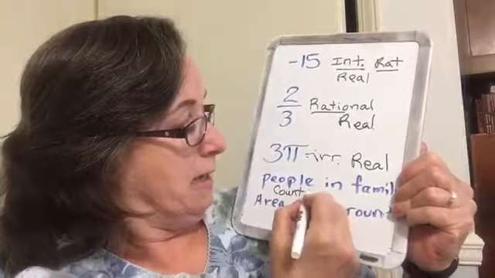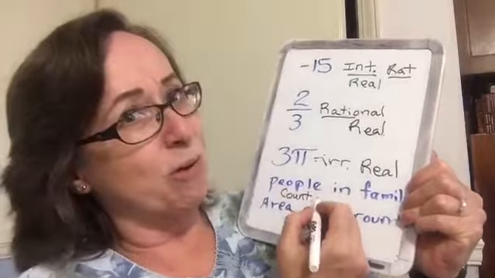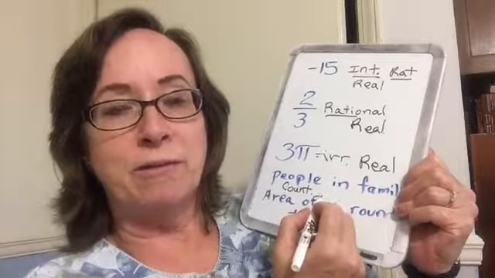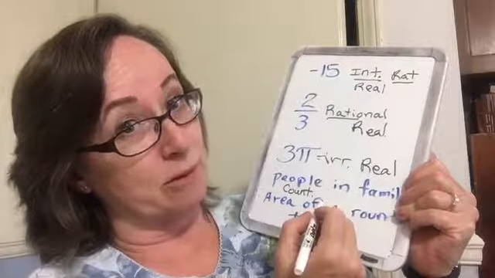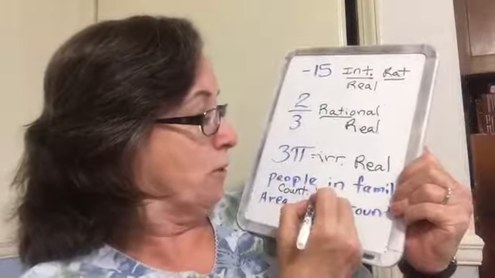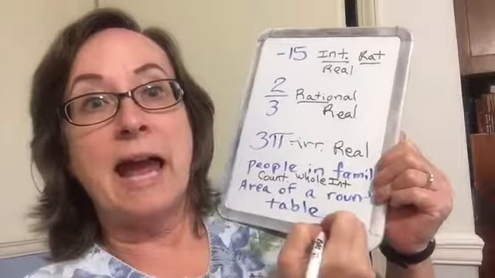It's also a whole number, even though the number of people in your family is not zero. Zero is a whole number, but so are all the counting numbers. So it is a whole number. It is an integer. It is a rational number.